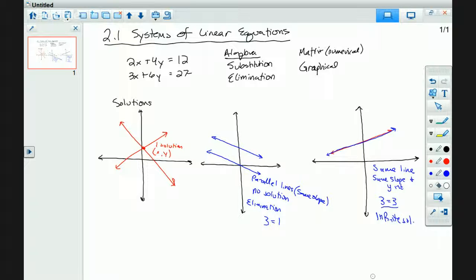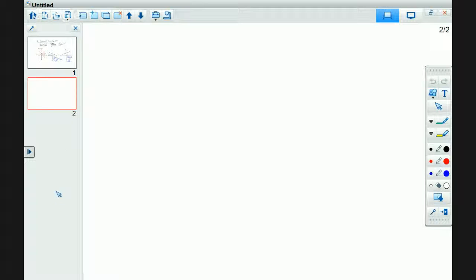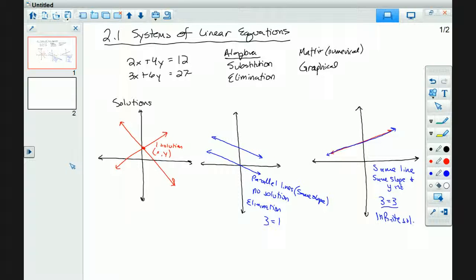Do I need to show you a graphical example? Can you guys graph those? Are you okay with if I don't show you a graphical example? That's my question. Because I know you're good at graphing. So, you already have the answer here, Dominic? Right.